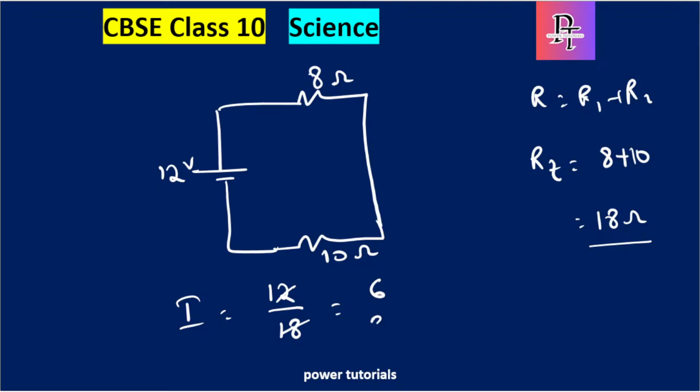Two 6s are 12, 2 9s are 18, again 3 2s are 6, 3 3s are 9, so which is 0.67 amperes.